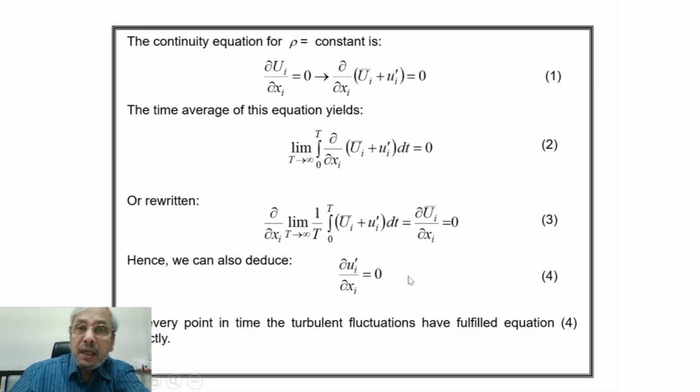Here del u prime by del x plus del v prime by del y plus del w prime by del z equal to 0. So the continuity equation is satisfied by the time average quantities. Continuity equation is also satisfied by the instantaneous fluctuating velocity components. At every point in time, the turbulent fluctuations fulfil equation 4 exactly.